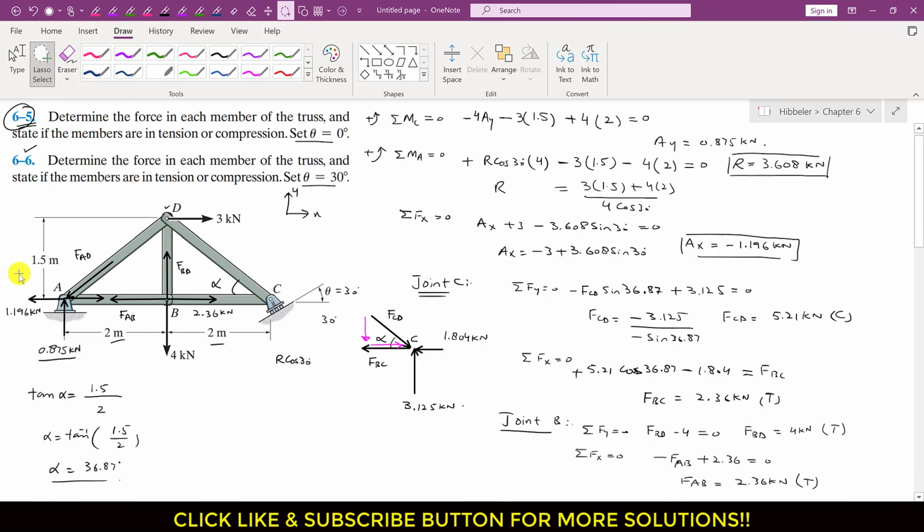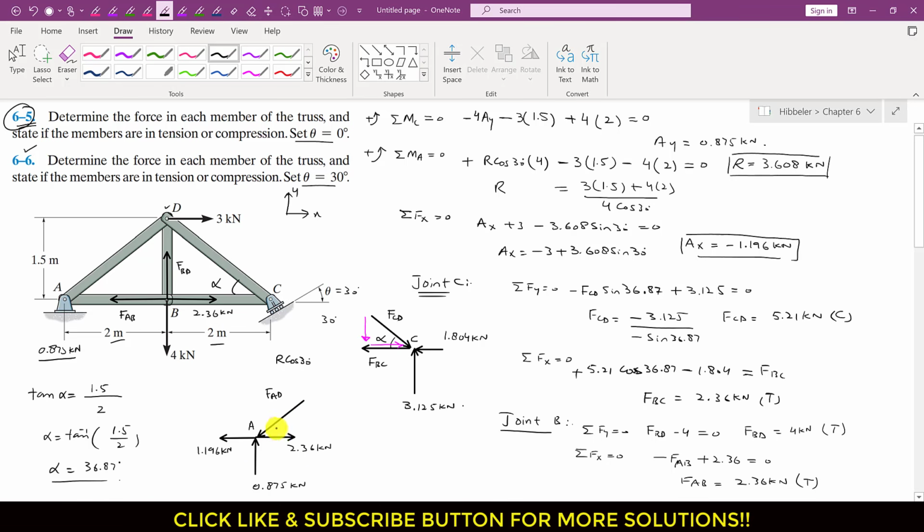So now if we consider this as a free body diagram at joint A, this is our free body diagram for joint A, right? This is FAB, and FAB magnitude is 2.36 kilonewton, and this is AY, its magnitude is 0.875 kilonewton, right?